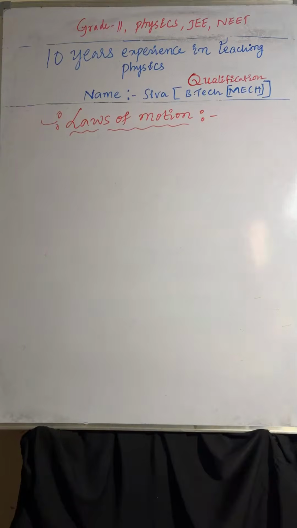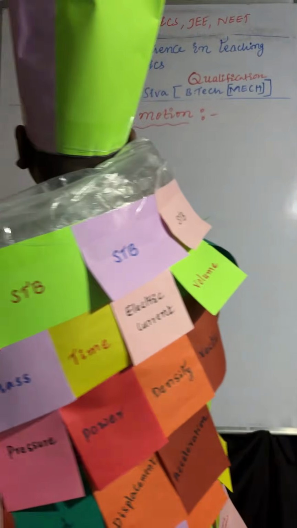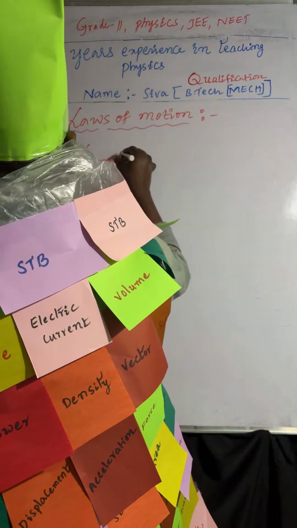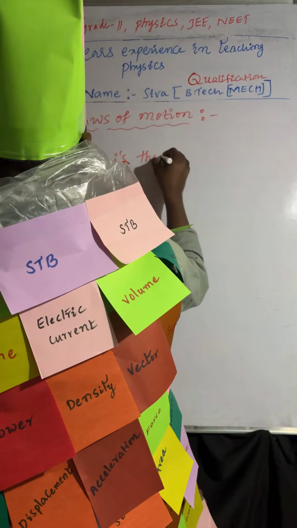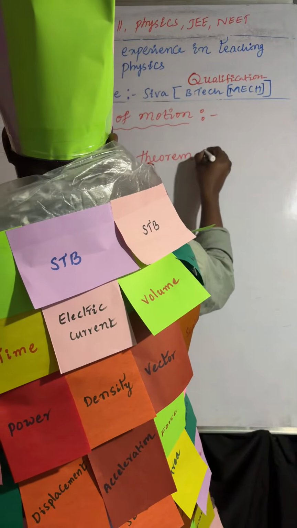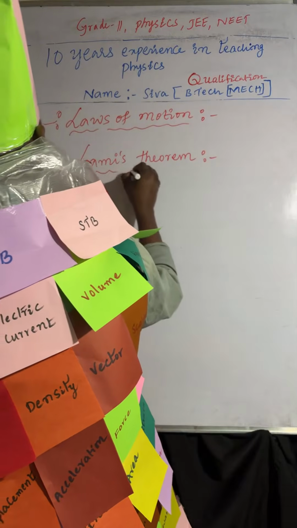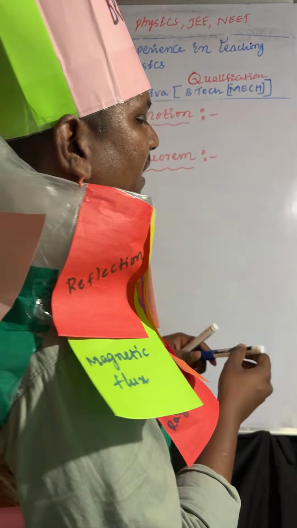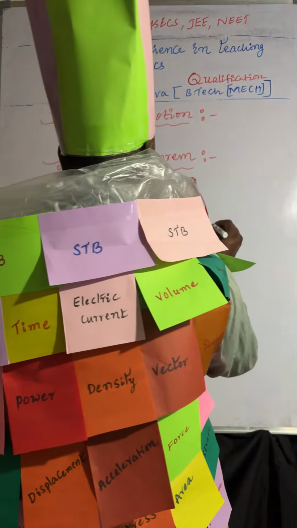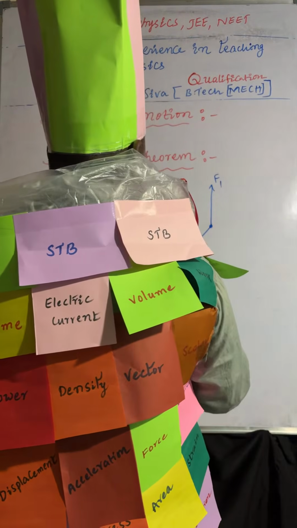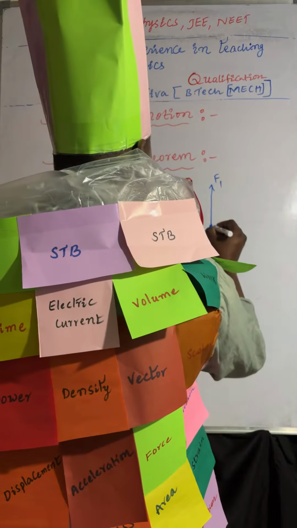Coming to Lami's theorem. Here you can observe three forces acting on a particle to keep it in equilibrium. F1 is acting like this, then F2 and F3.